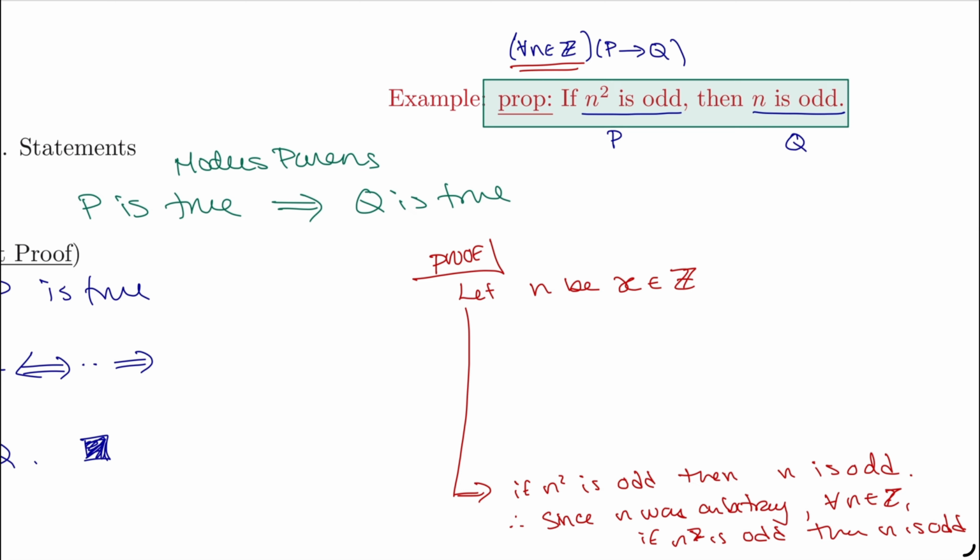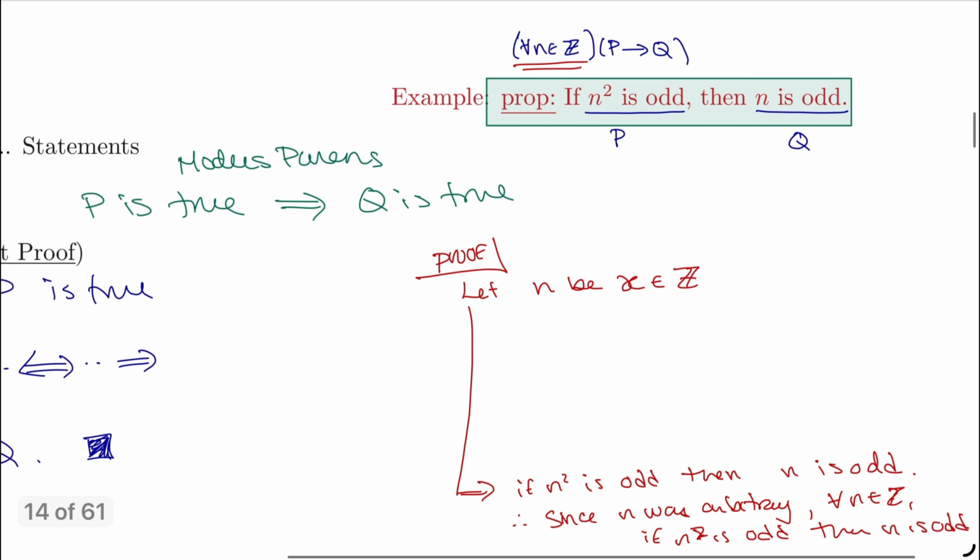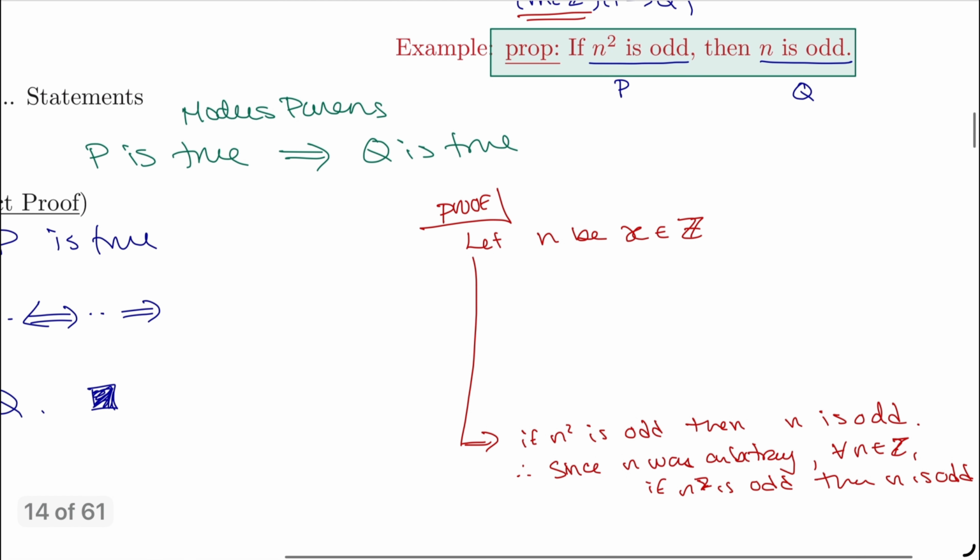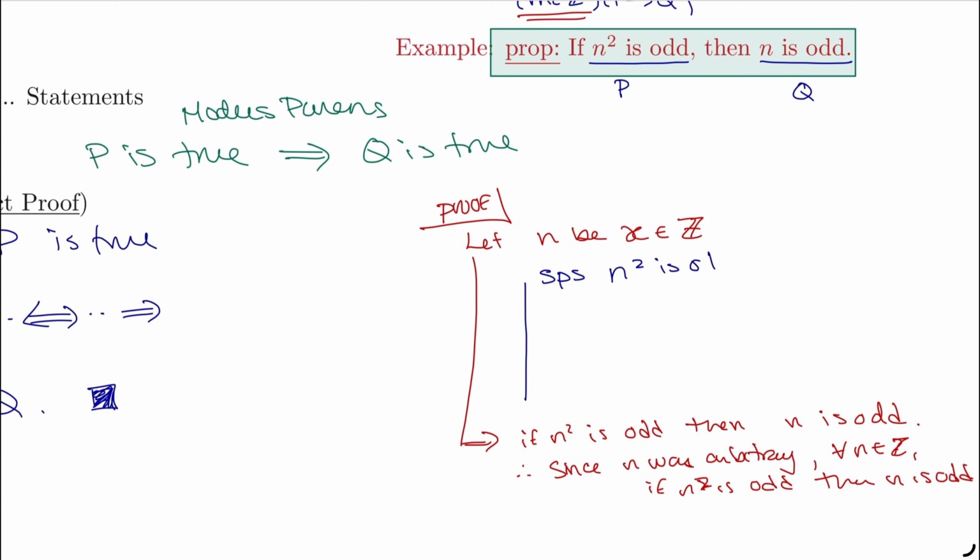Okay, now what goes nested inside this for all proof is a conditional proof. So here's my conditional proof inside. And if we approach this directly, as a direct proof, I'm going to do if P then Q. So I'm going to suppose P. So let n be an arbitrary integer and suppose n squared is odd.